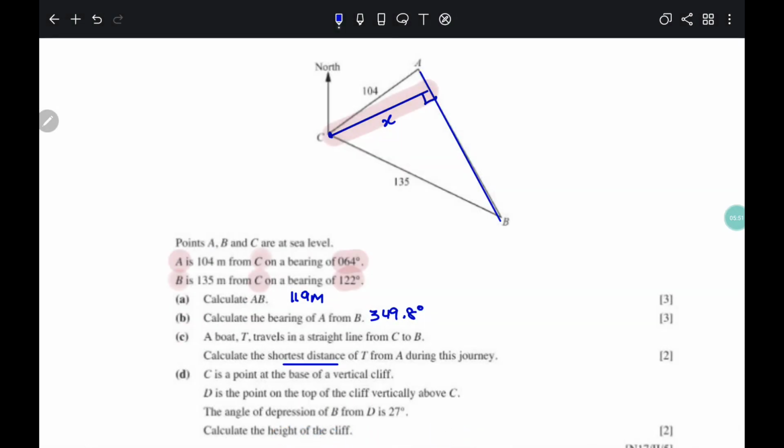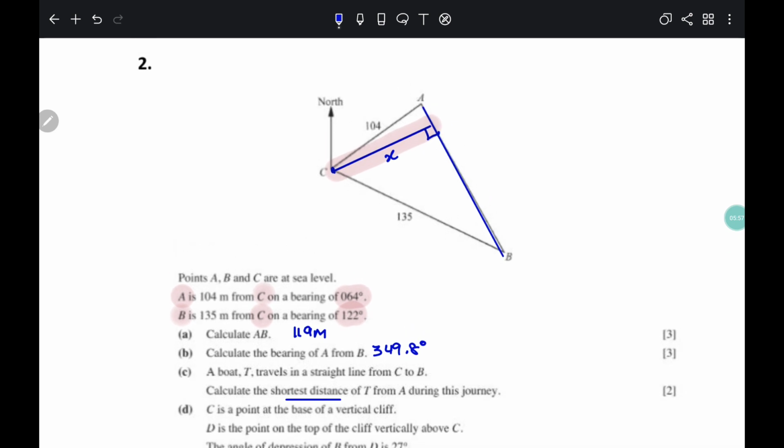To calculate the shortest distance, there are two methods. First, I'll show you the first method. Method 1 is to identify the right-angled triangle where you can use trigonometry.